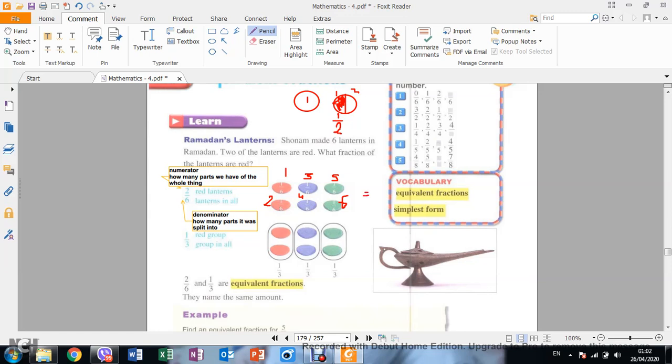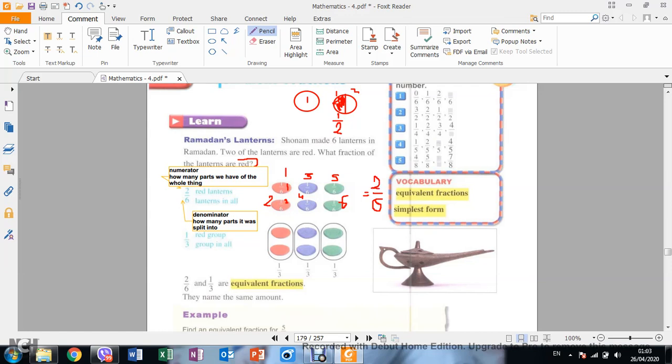I give you this model, and you need to make the fraction for me. It tells us what fraction of the lanterns are red. How many lanterns are red? 1 and 2. So you write 2 over 6.